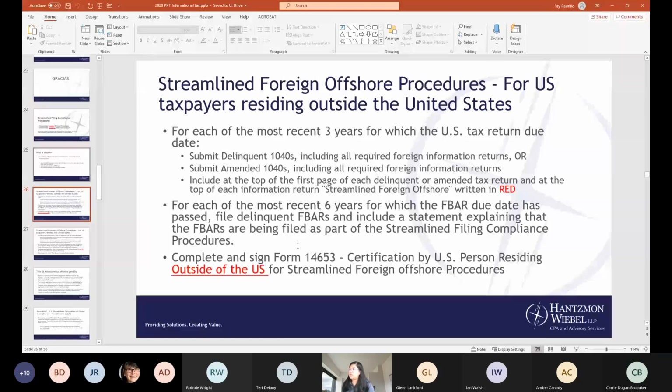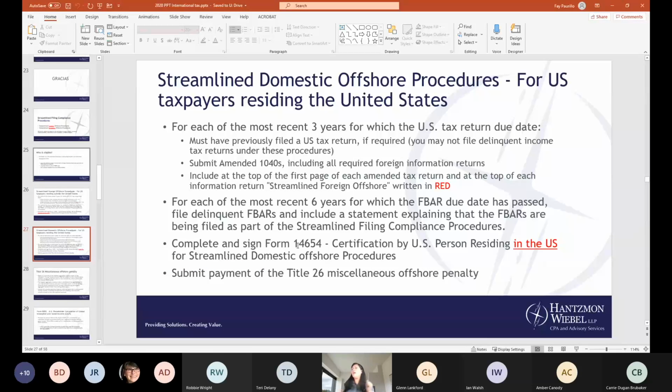All right, so I'm going to move on to the other procedure available for people who might have missed their foreign filings, including FBARs. It is called the Streamlined Domestic Offshore Procedure. This is now for U.S. persons who live in the U.S. They're not outside of the country.